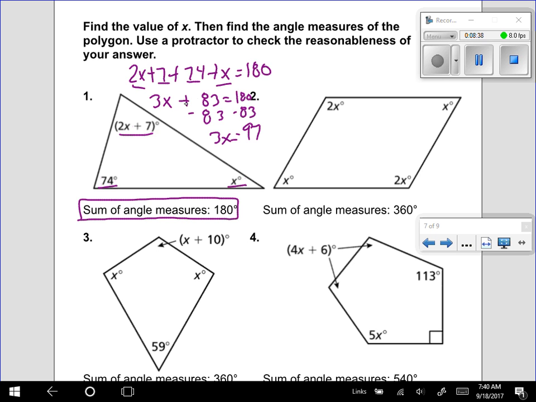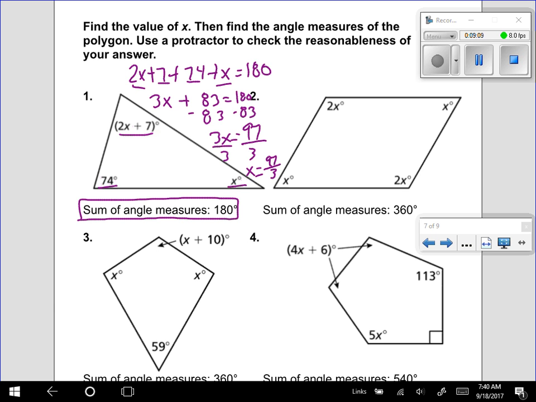I work with the thing least attached to the variable, so I want to subtract that first. From there, to get x alone, I'm going to divide. And that's going to give us a fraction. So again, I'm okay if you leave it like this. You can change it to a mixed number, just make sure it's simplified. 3 can't go into 97, so we're good with x being right there.